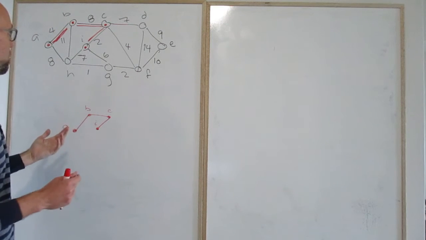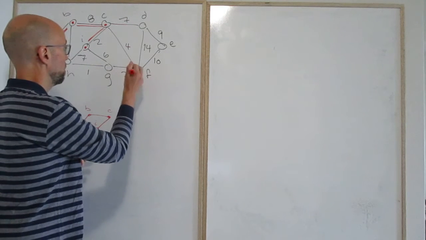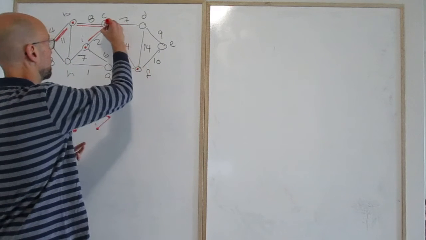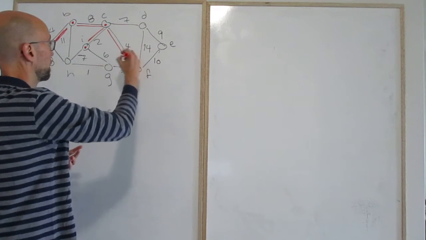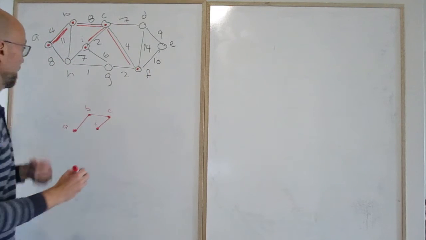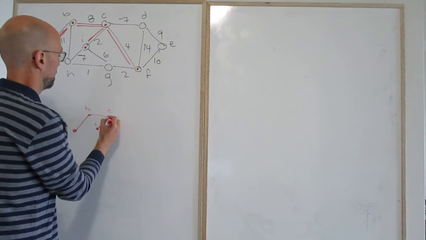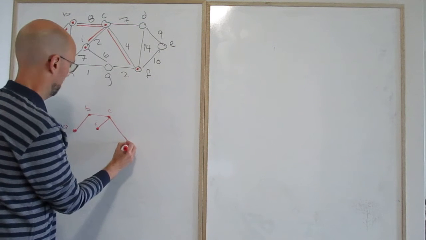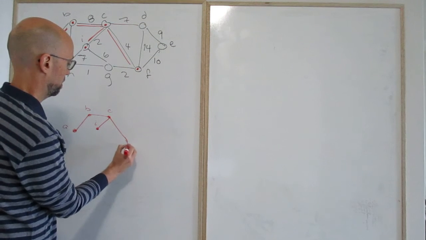CF is a 4, it's bigger than this and this and this, so yes. Does it connect two things that are already in my tree? Nope. So I add CF, which is going to be down here somewhere.